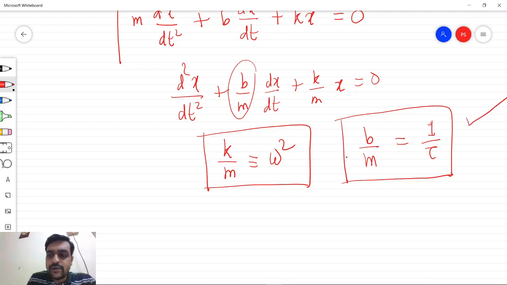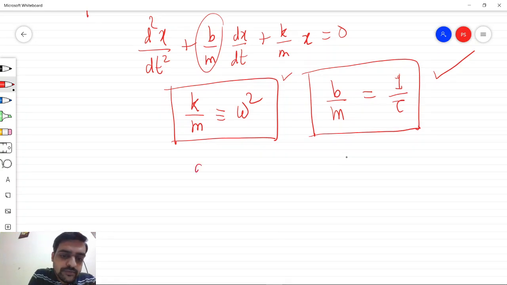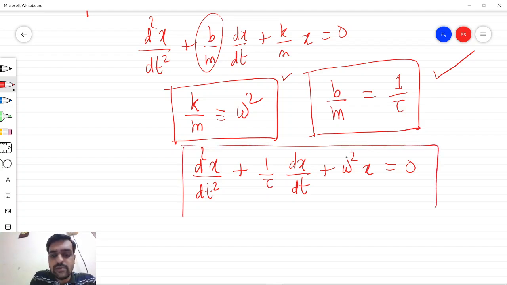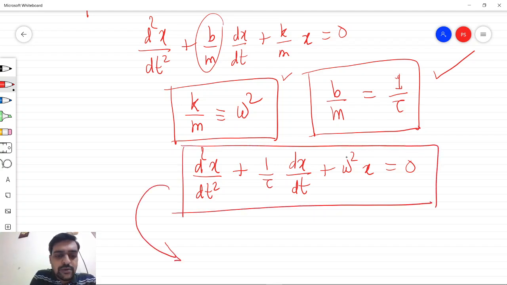So if we introduce these two constants in the equation above, we write d2x by dt squared plus 1 by tau dx by dt plus omega squared x equal to 0. This is the equation of motion whose solution we have to find.